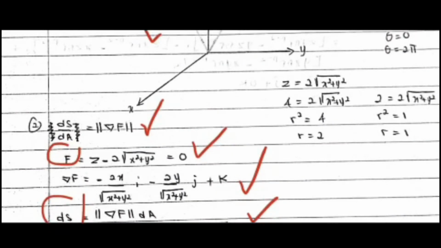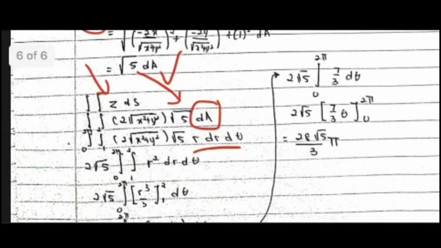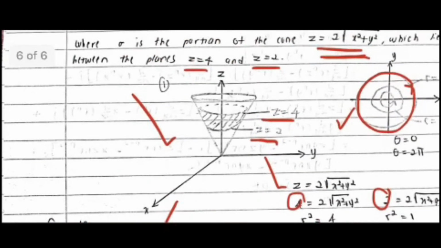And for r, we get it from the two planes z equal to 2 and z equal to 4. When we substitute z equal to 4 and z equal to 2, we will get r equal to 2 and r equal to 1. So the limit for r is from 1 to 2. And for theta, we will get 0 to 2 pi because it is a round circle.